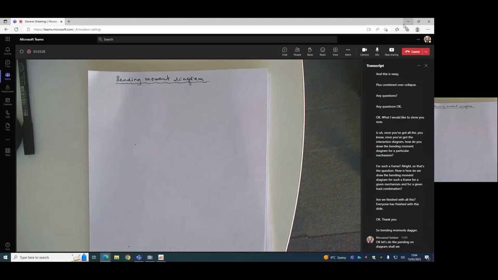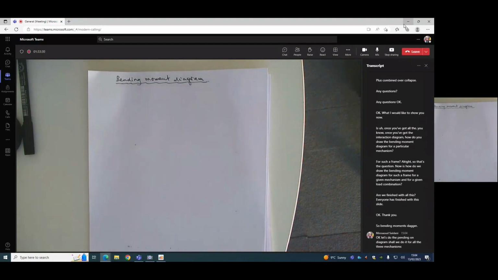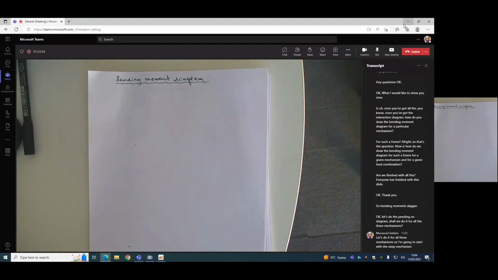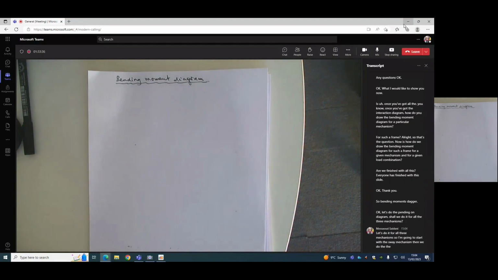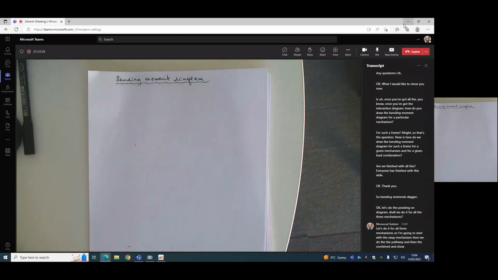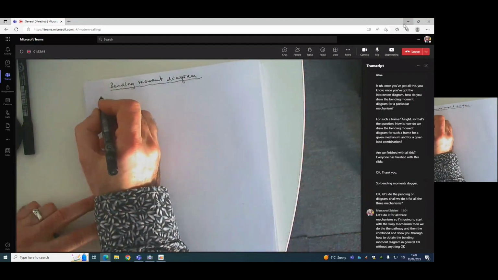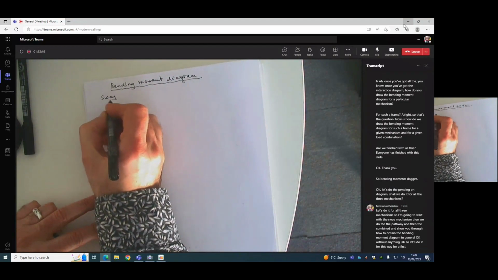Shall we do it for all three mechanisms? Let's do it for all three mechanisms. I'm going to start with the sway mechanism, then we do the part sway, and then the combined, and show you how to obtain the bending moment diagram in general. So let's do it for the sway first of all.